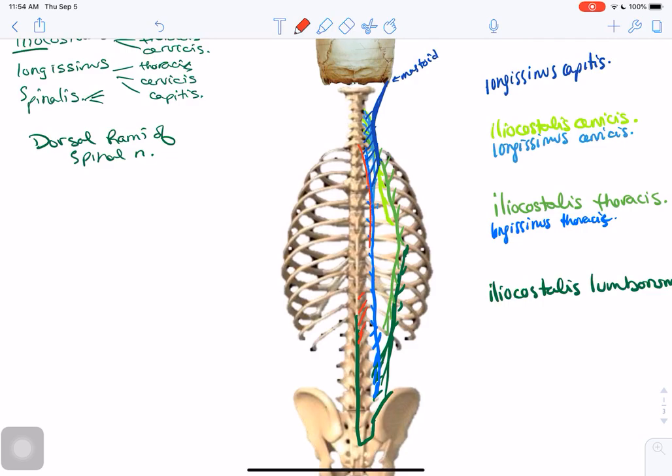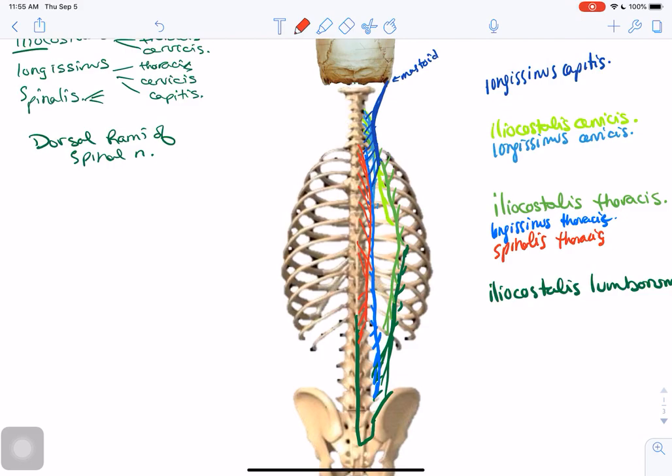So all the way up, it pretty much hugs the spinous processes. There we go. So this is spinalis thoracis.